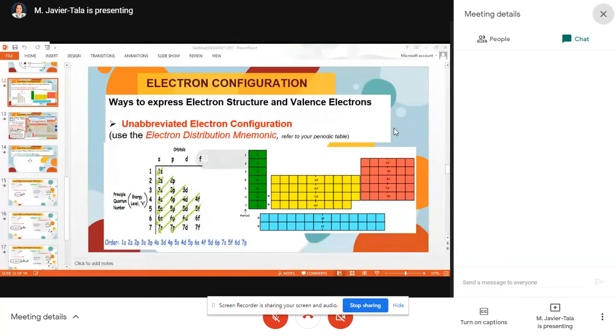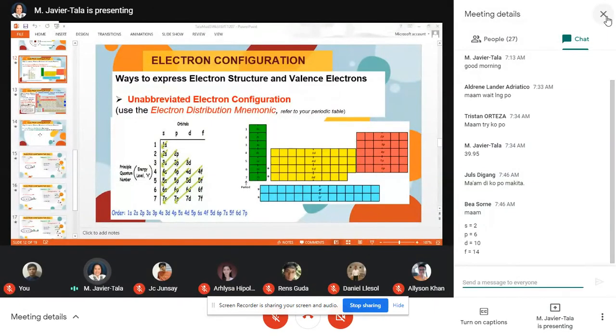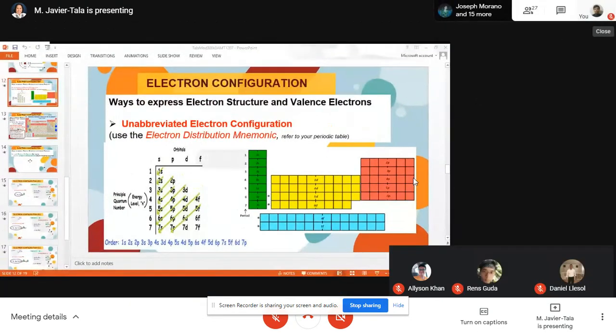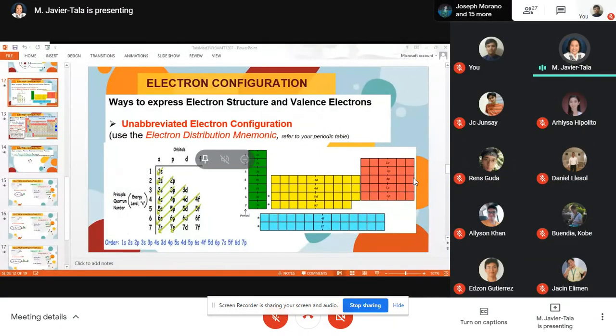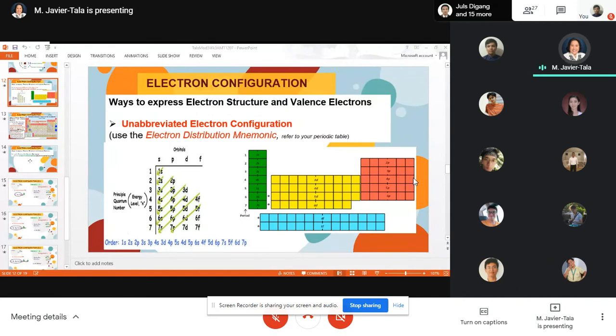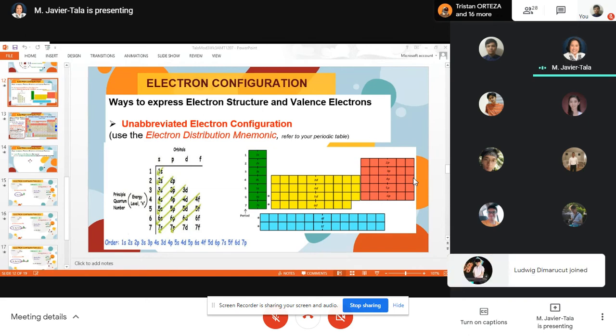For S, it is less than or equal to 2 electrons for the S subshell. Then for P, it is less than or equal to 6. D less than or equal to 10, and F less than or equal to 14. So it means the maximum for S is 2, for P is 6, for D is 10, and for F is 14. Okay?